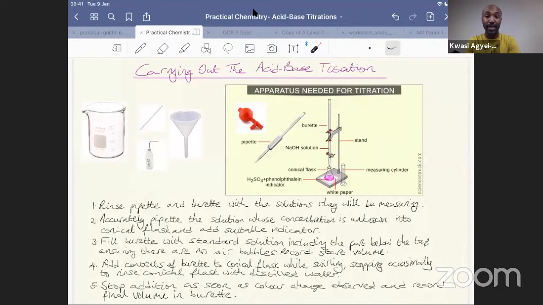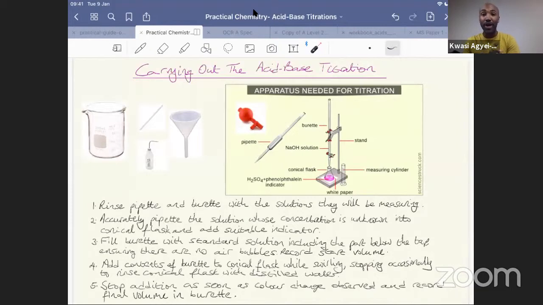So if the pipette is measuring the sulfuric acid, you need to rinse the pipette with a small amount of sulfuric acid first, and that ensures that any contaminants are gotten rid of, and there's no way of changing the concentration of the acid you're going to be putting into the pipette, as there would be if you had washed it with water instead, which would have a dilutory effect. So rinse your pipette with whatever solution you're measuring. In this case, it's the sulfuric acid.